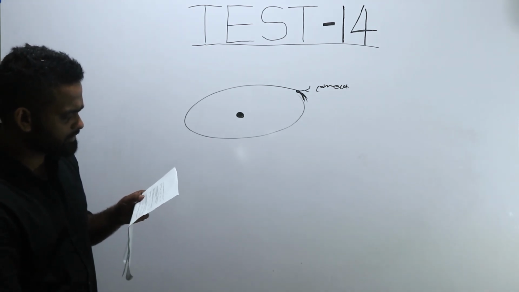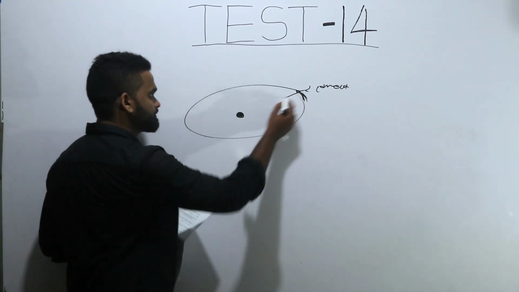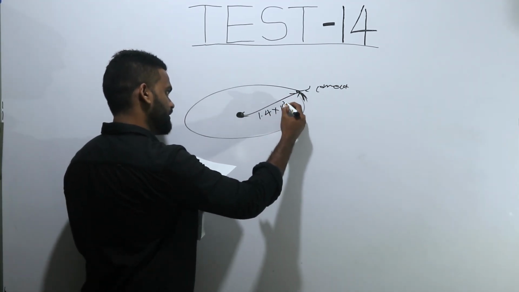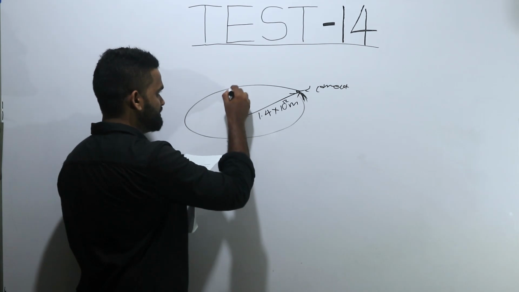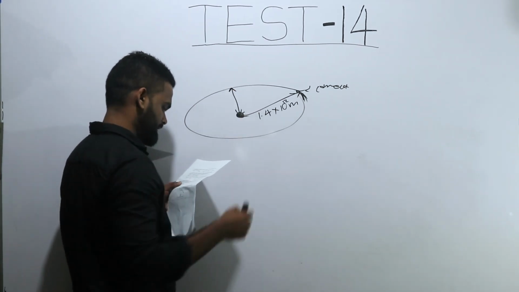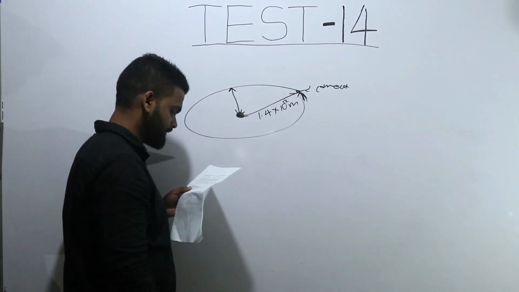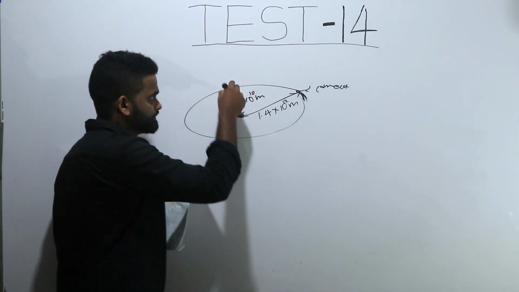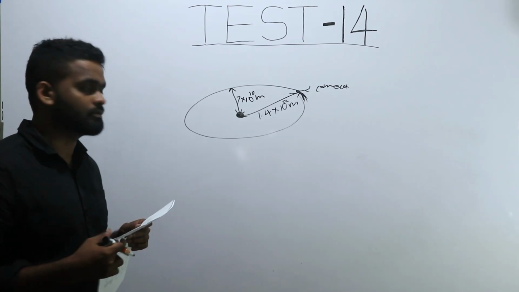The maximum distance, they say, is 1.4 times 10 to the power 12 meters. The minimum distance should be this. This is an ellipse, so that is 7 times 10 to the power 10 meters. That is the minimum distance of the comet.